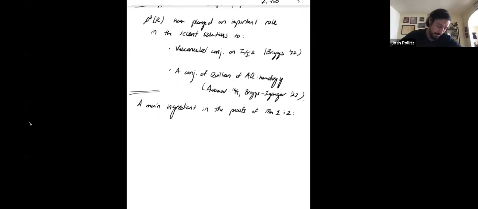A main ingredient in both proofs, the proofs of theorem 1 and 2, which are both with Ben and Olgur, is the following.